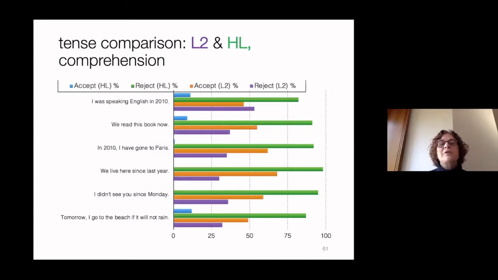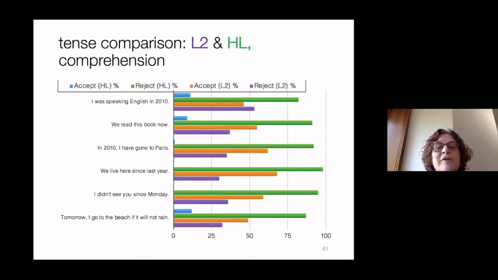So here are some examples where we can compare heritage speakers and L2 speakers in terms of accepting or rejecting errors in tense use. The slide is a little busy, so what I would ask you to do is compare the blue and the orange, because these are the percentages of acceptances.